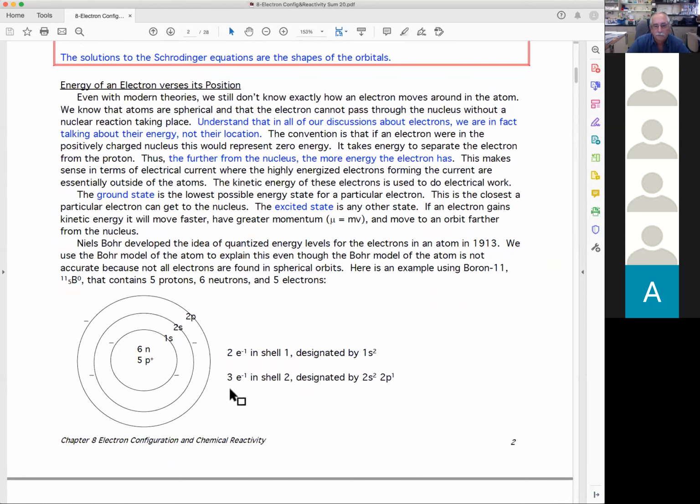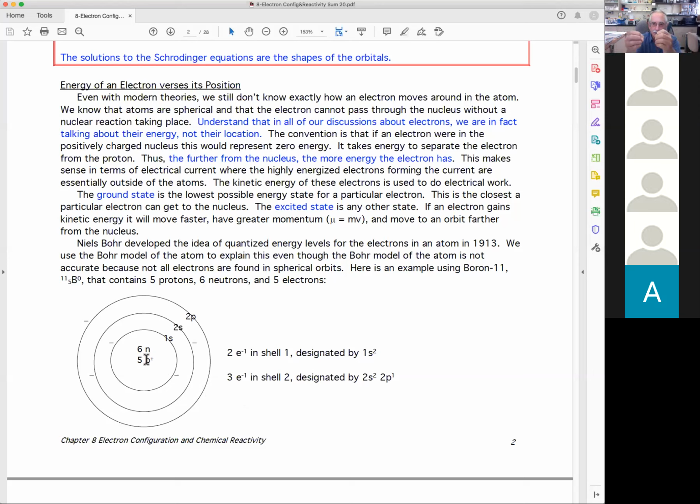So here's the scenario. If I had the electron in the nucleus, we would call that zero energy. Because remember, the protons in the nucleus are positively charged. The electron outside the nucleus is negatively charged. So to have them apart is a form of potential energy.